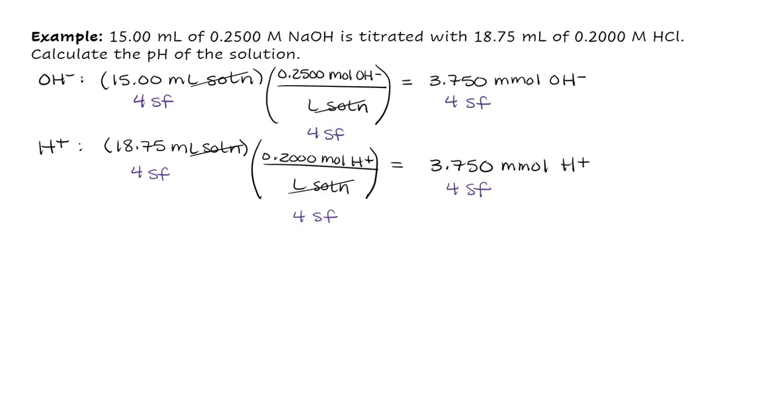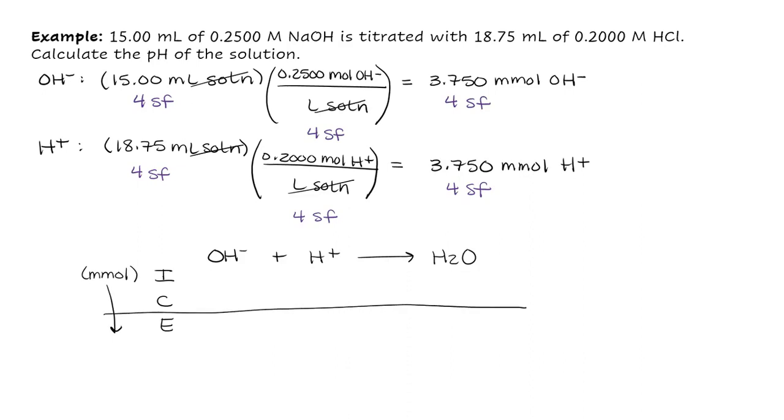Setting up our millimole table, we have OH- plus H+ going to water. We'll set up our rows, initial, change, and end, and include our units, which are millimoles. And we'll put a line through the water.